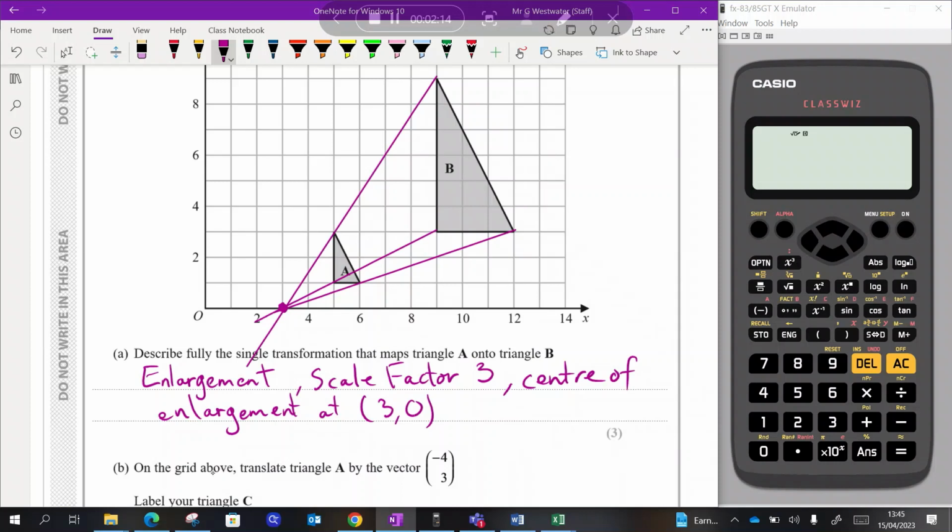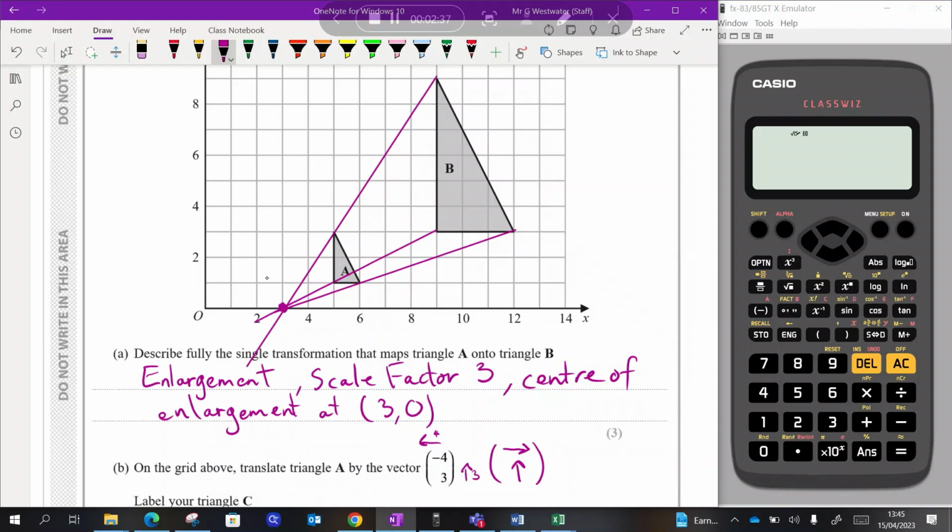And then on the grid above, translate, so that's where we shift it, triangle A by the vector -4, 3. In vector form, the top number represents how many you're going to the right, and the bottom represents how many you're going up. So if it's -4, this means we're going 4 to the left, and then 3 up. Let's take this bottom left-hand corner.